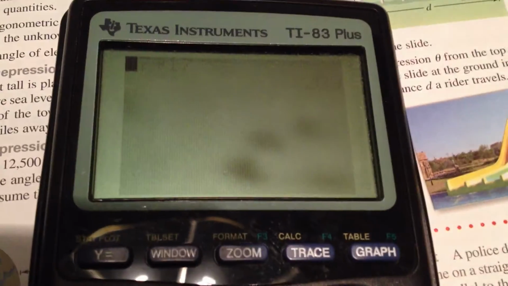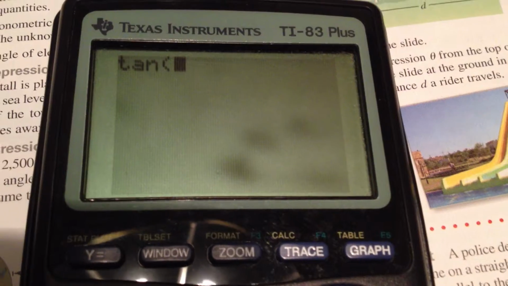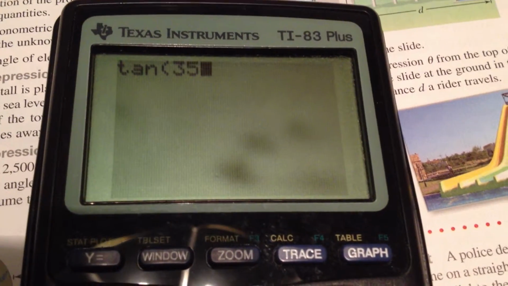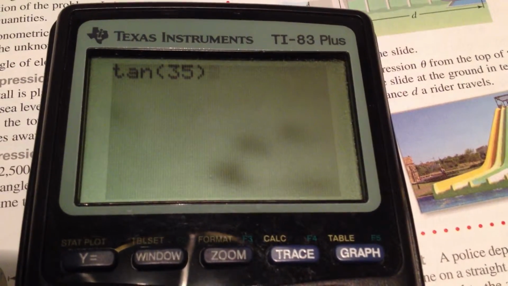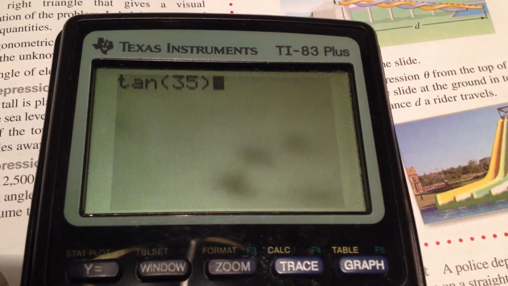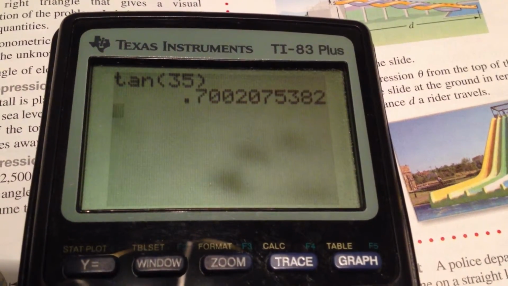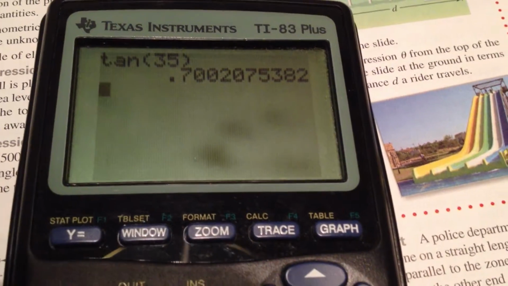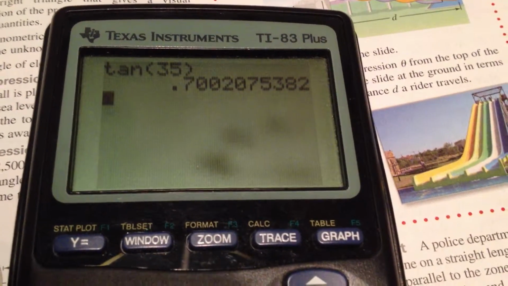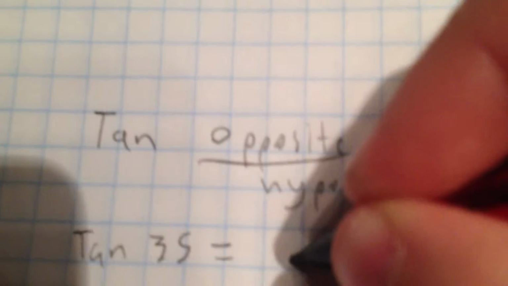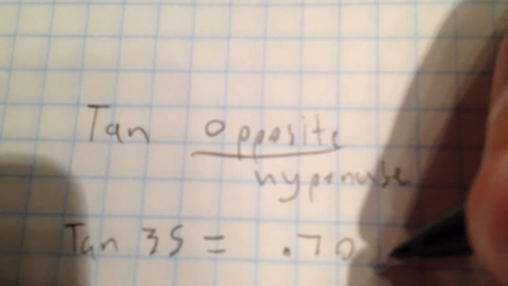Let's use our calculator. Tangent 35. And make sure you are working in degrees because the question was in degrees. So tangent equals about 0.70.